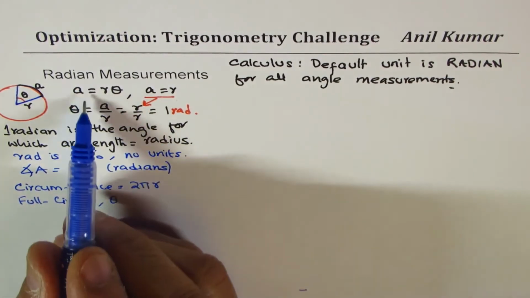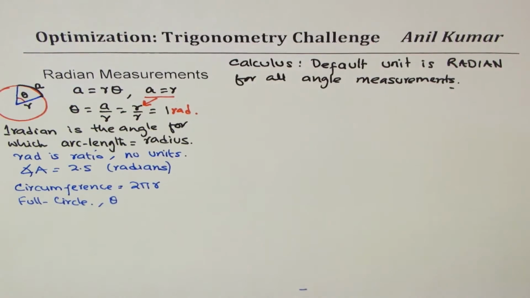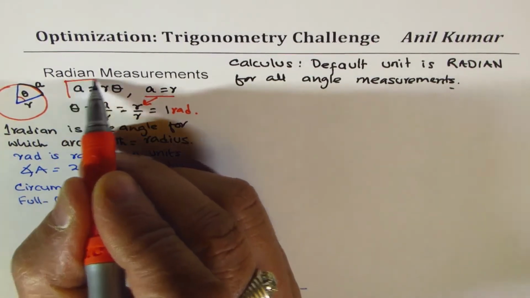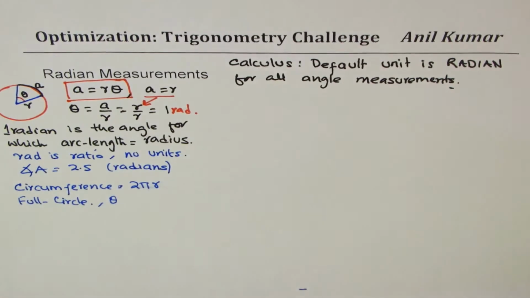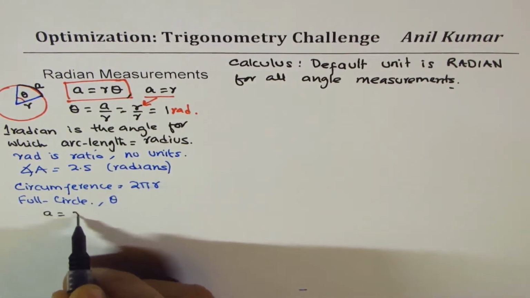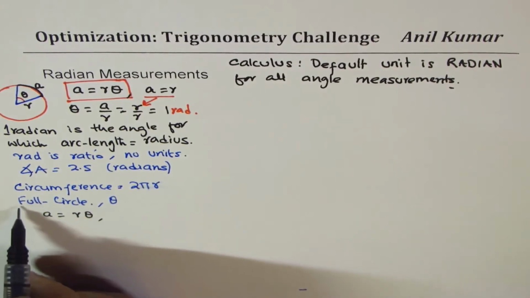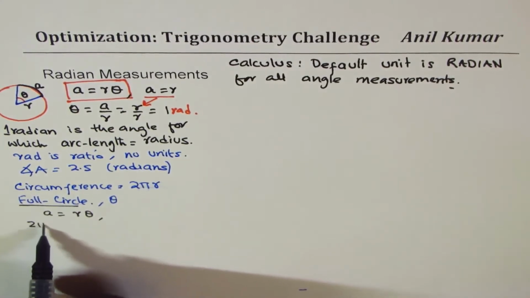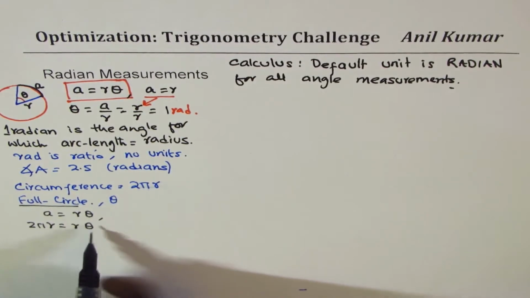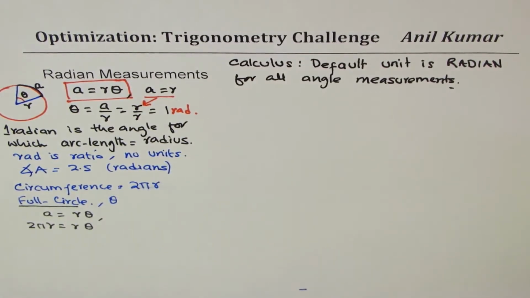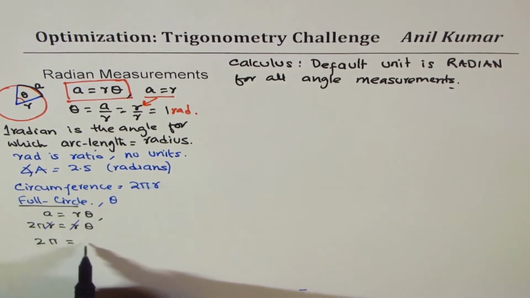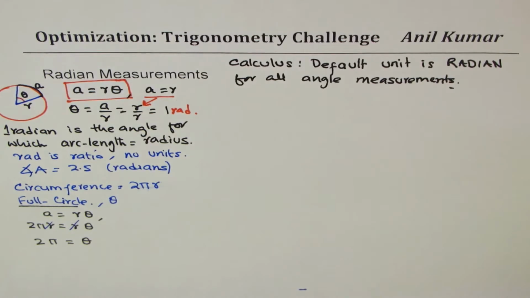We can again use the same equation A equals R theta. For a full circle, A is 2 pi r, so we get 2 pi r equals R theta. Clearly R and R cancel, so we get 2 pi equals theta. So in radians, a full circle means an angle of 2 pi radians.